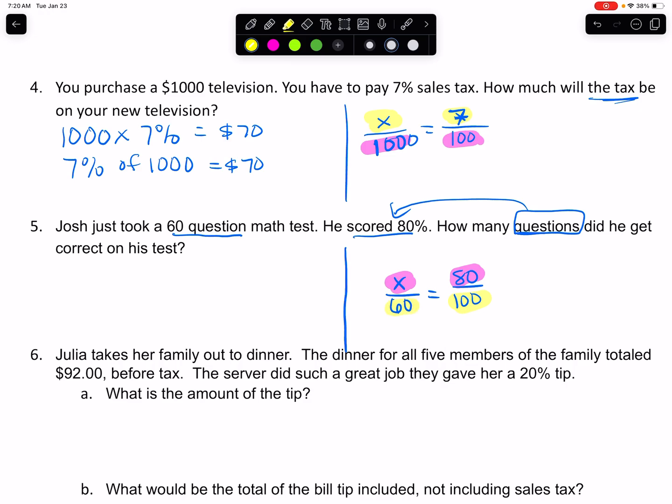So that's how we would set that one up if we were doing it that way. But this is another one where I would do 60 times 80%, or 80% of 60, with my calculator. And I would get, let me make sure, 48 questions.